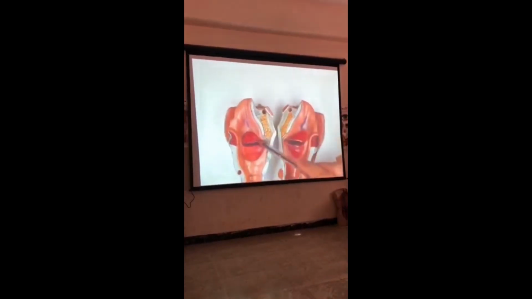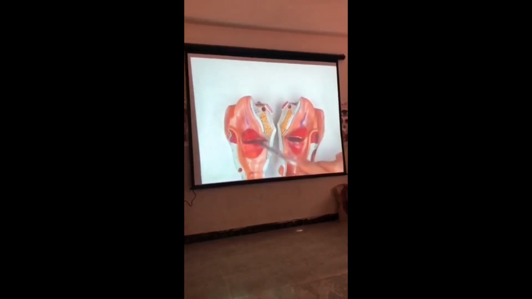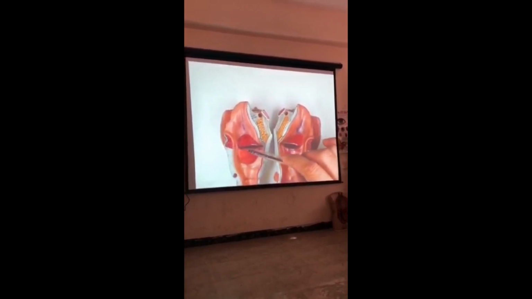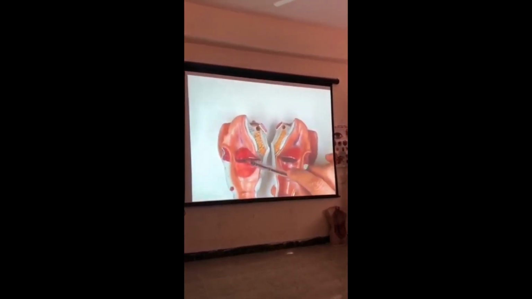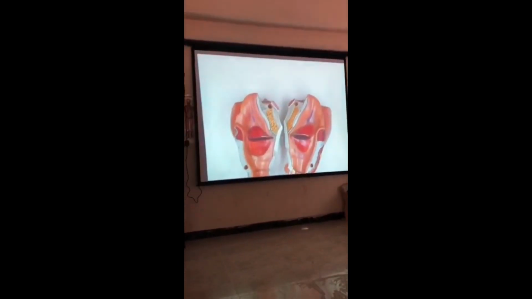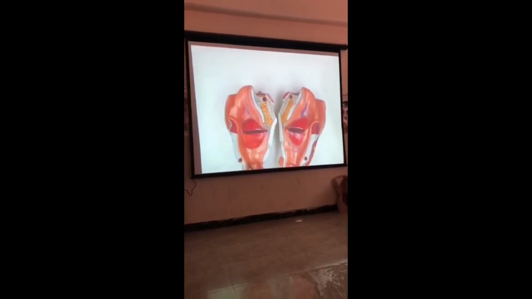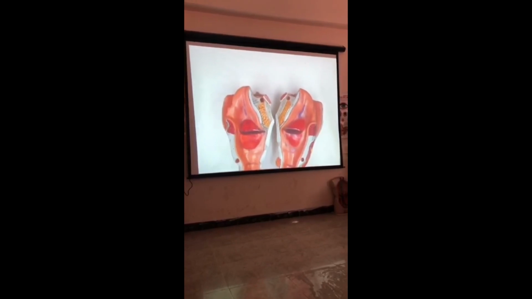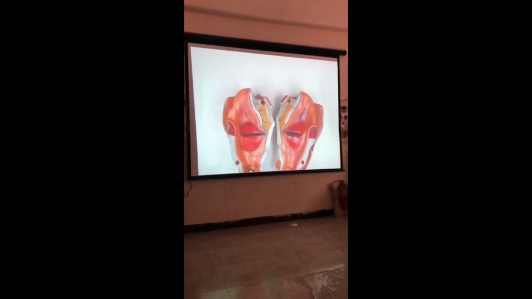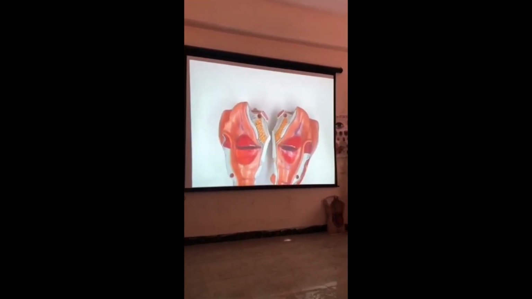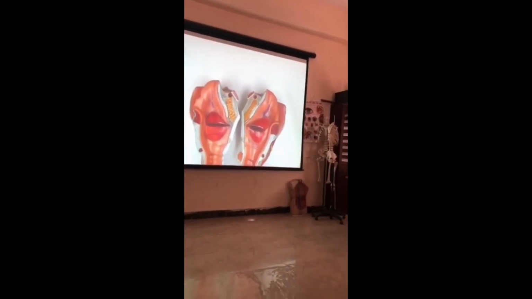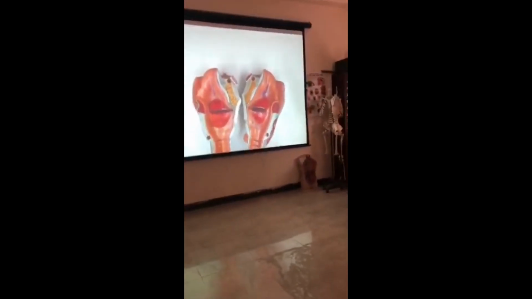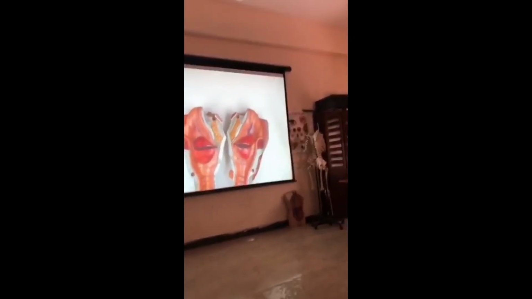And the supraglottic region above the vestibular fold, glottic or the ventricle between the vestibular cord above and vocal cord below. وعندنا subglottic region below the vocal cord toward the lower border of the cricoid cartilage, where the cavity of the larynx gets continuous with the tracheal lumen cavity.